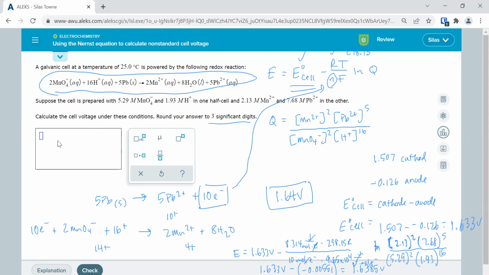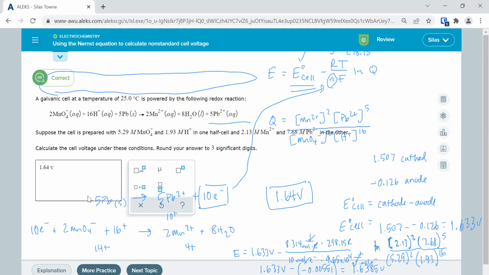Okay, so let's put that in. There we go. A lot to it, a lot of work, a lot of calculator efficiencies you've got to work out, but you can get there.